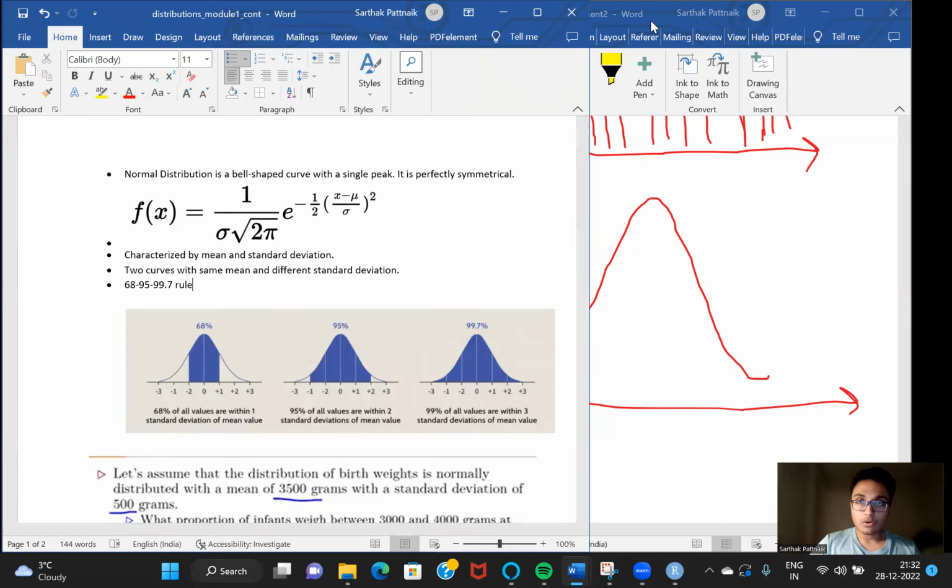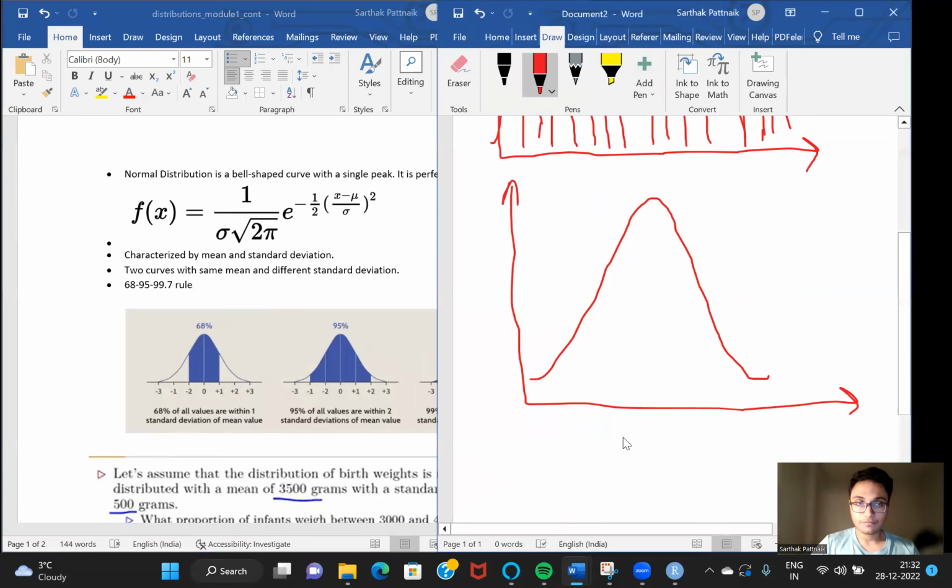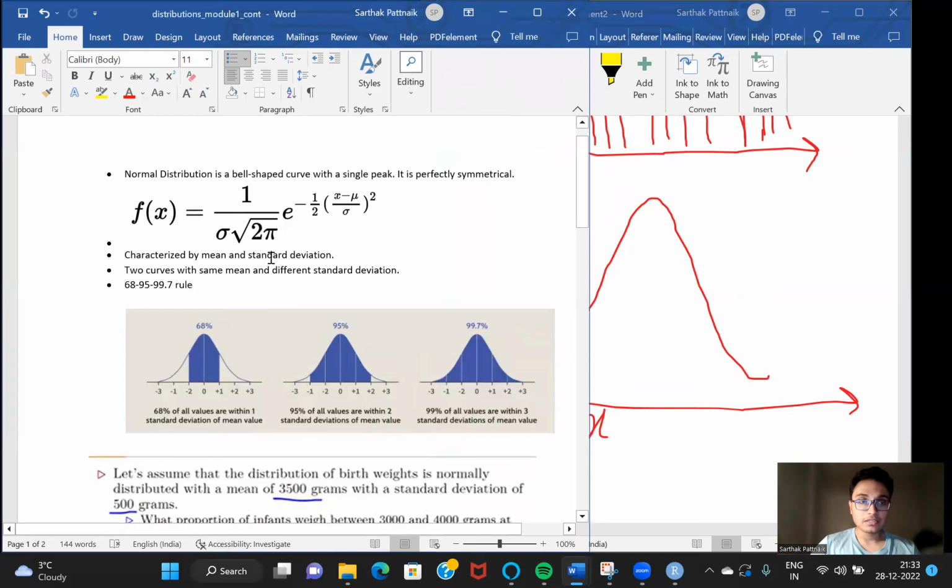So all in all, what they're trying to say is that if I pick a point on the curve, let us suppose this point right here, if this is my x and this point right here is my f(x), then my f(x) is given by this formula.